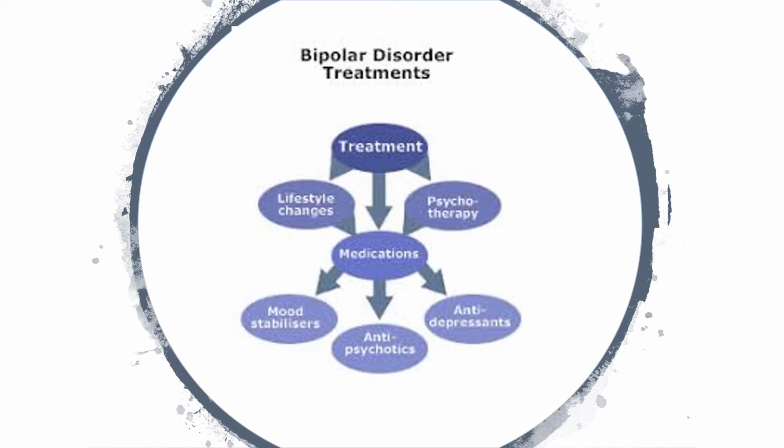In terms of medications, we spoke about the fact that mood stabilizers try to stop these swings from mania to depression. Antipsychotics are used when they're exhibiting psychotic symptoms, whether in the manic phase or in the depressive phase. And antidepressants are used during the depressive phase to try and improve their mood.